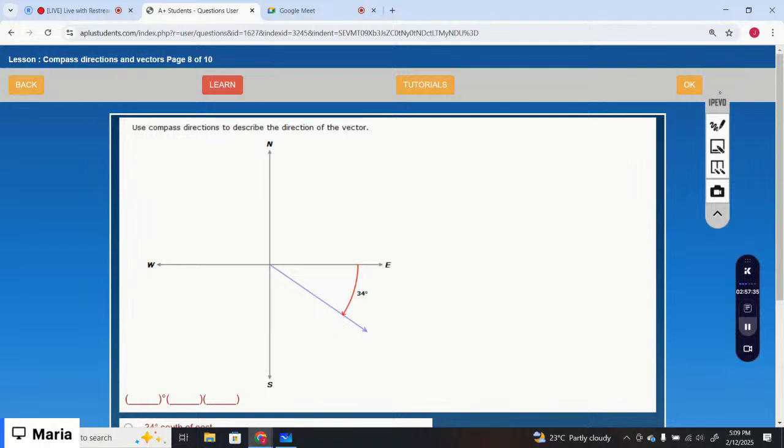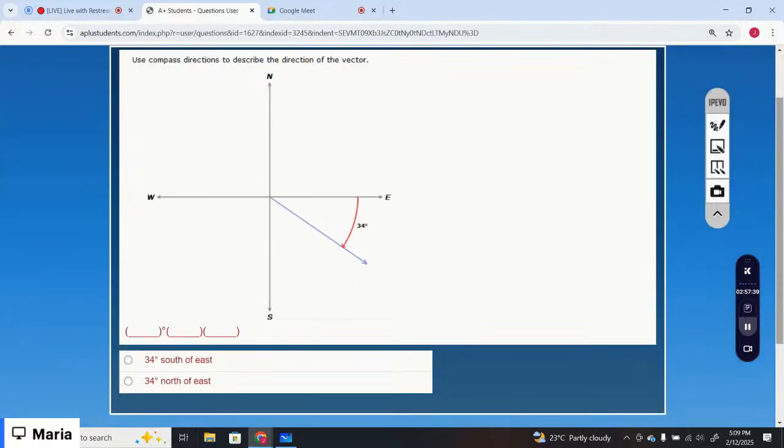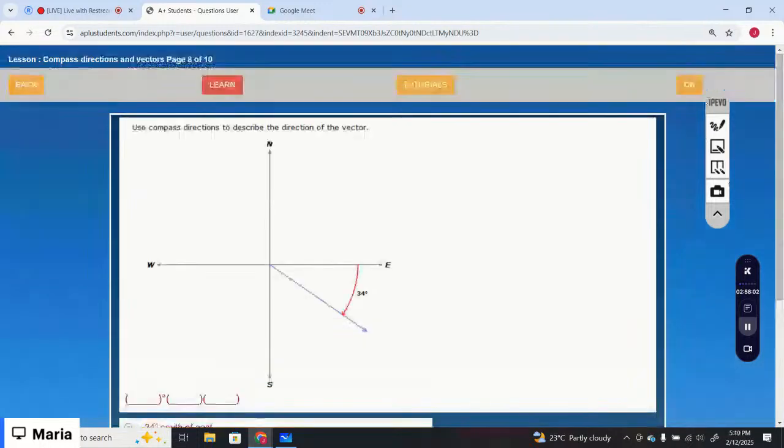Use compass direction to describe the direction of the vector. That is 34 degrees south of east. Option number 1 is the correct option.